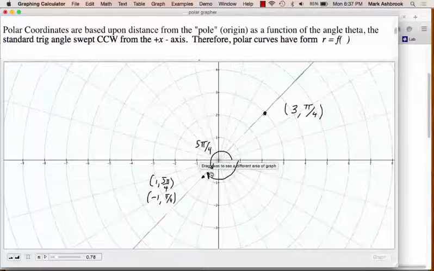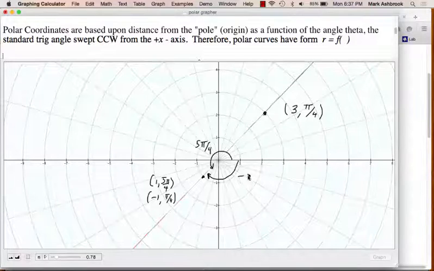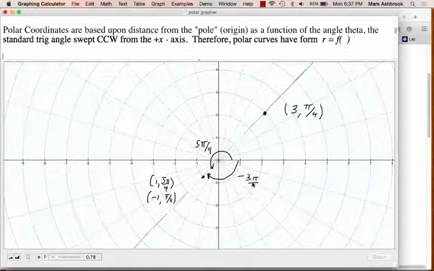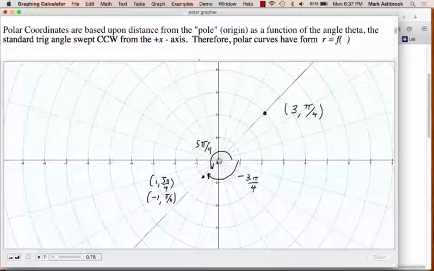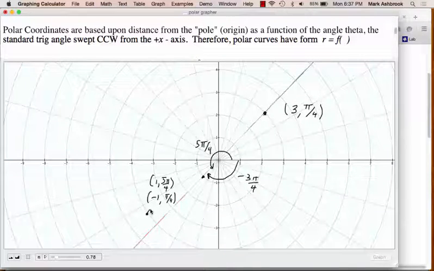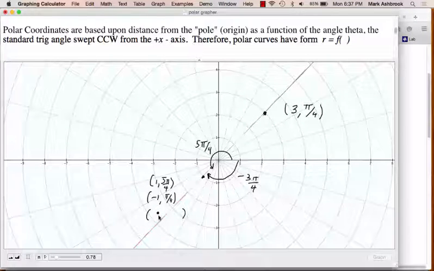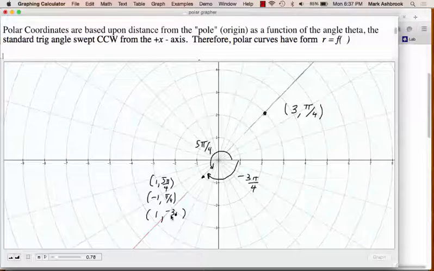What angle is that? Negative 3 pi over 4. And then would r be positive or negative to get that point? Positive, because at negative 3 pi over 4, the terminal side points down into the third quadrant. So the ordered pair would be positive 1 and negative 3 pi over 4.